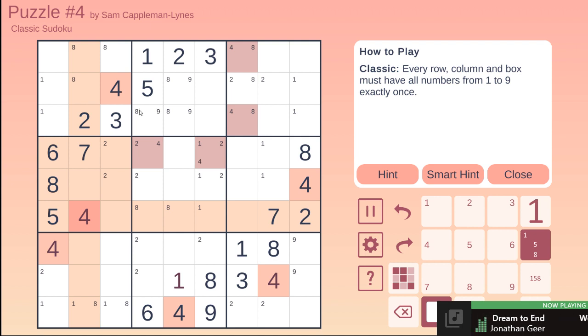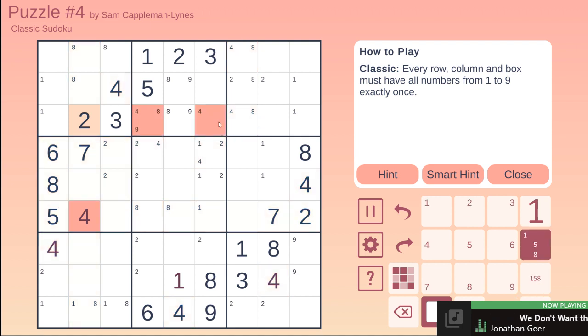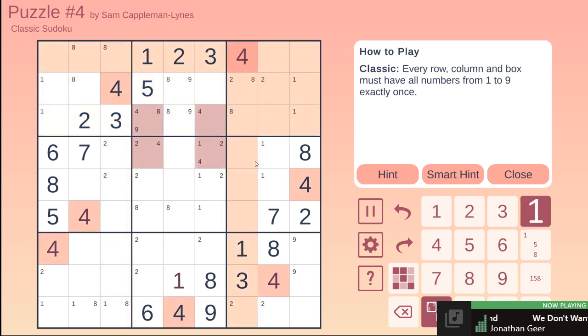And then one of these is also a 4, which means this can't be a 4. This has to be a 4. It's good. So the only 4s missing are these ones. We'll find those later.